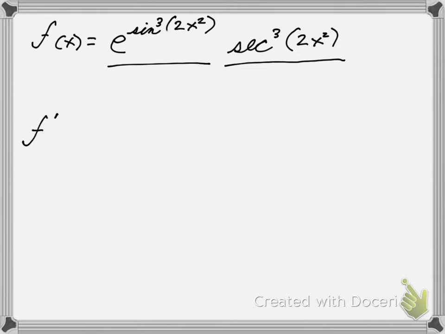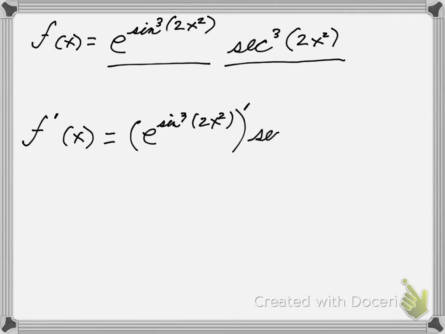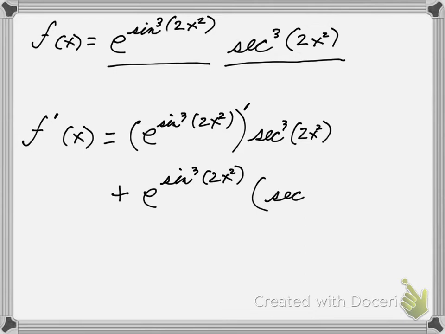By the product rule, we can find the derivative of the function f by taking the derivative of the first component, e to the power of sine cubed 2x squared, times the second component as is, and then we add the first component as is, e to the sine cubed of 2x squared, times the derivative of the second component.